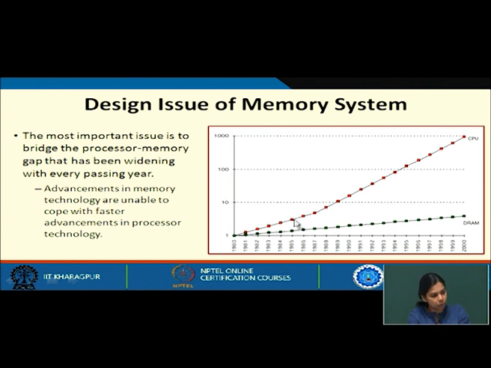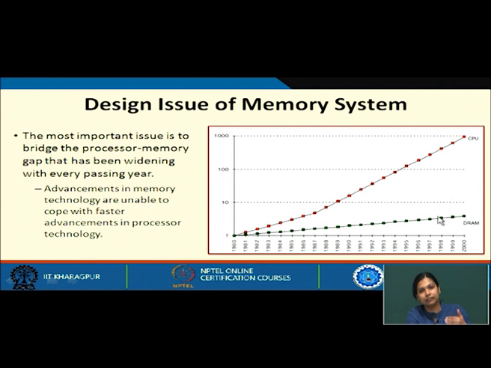Although you can see both are growing, processor design is growing at a much higher pace, and memory advancement is coming at a lower rate, but both are advancing.